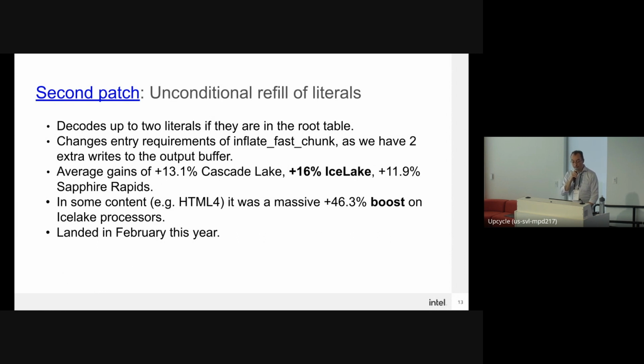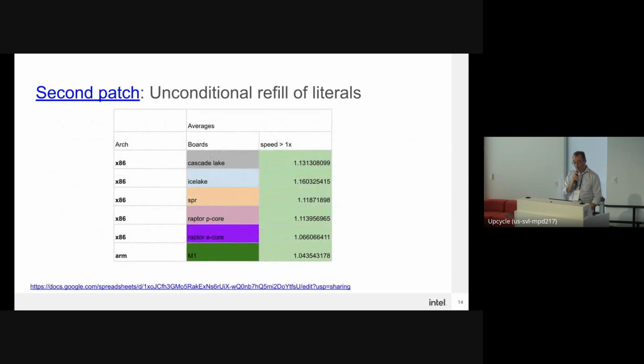As an example, the average gains for Ice Lake were 16% and almost 12% for Sapphire Rapids, but that is the average. In some content like HTML, the gain was a massive 46% faster data decompression, and we finished in February this year.